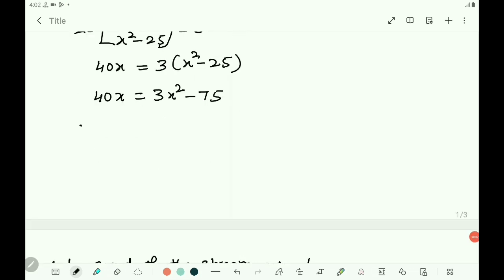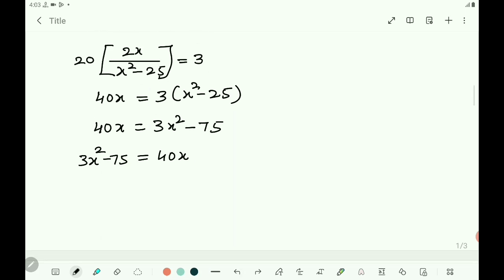Interchange LHS and RHS. Write 3x square minus 75 in the LHS and 40x in the RHS. And you transfer this to the LHS to get the form of ax square plus bx plus c equals 0. Write 3x square minus 40x and this minus 75 equals 0.